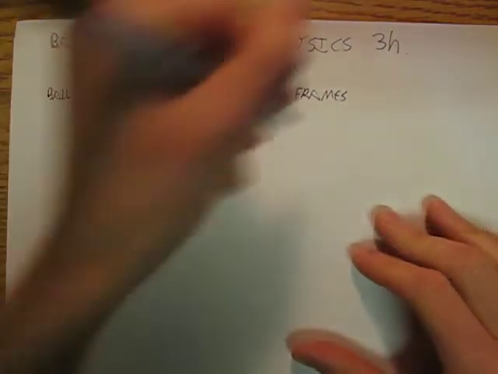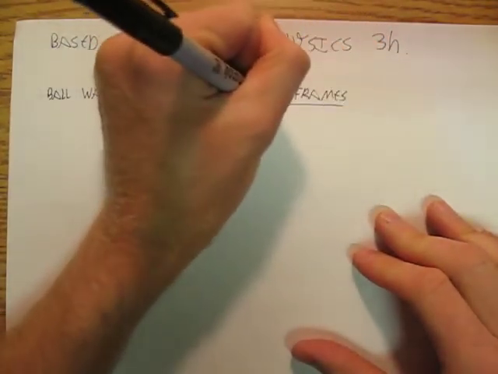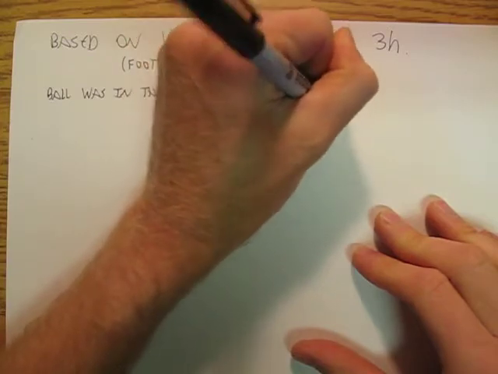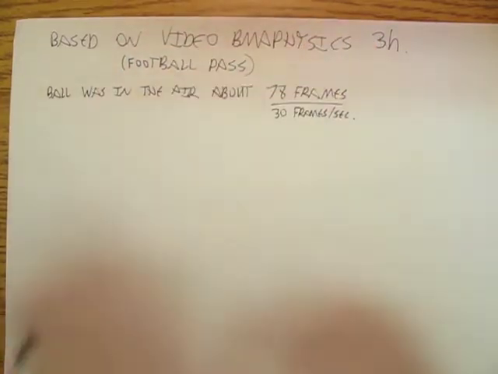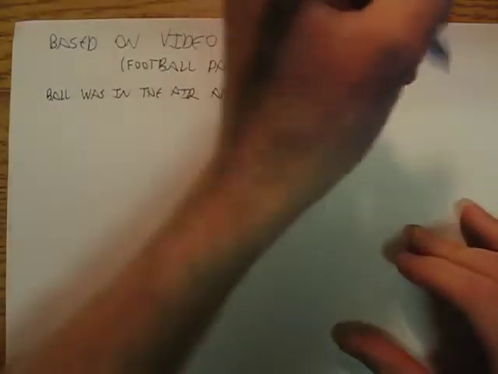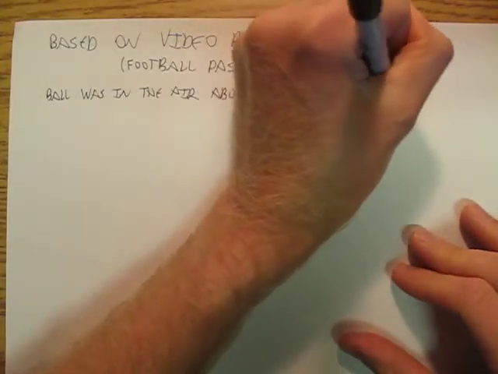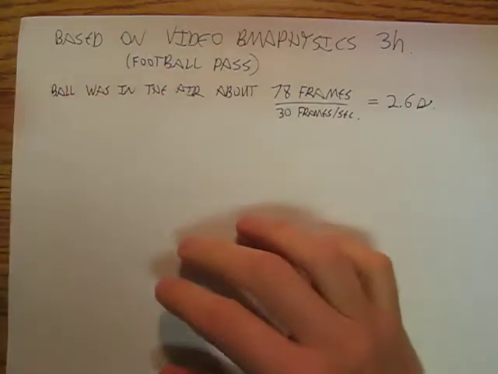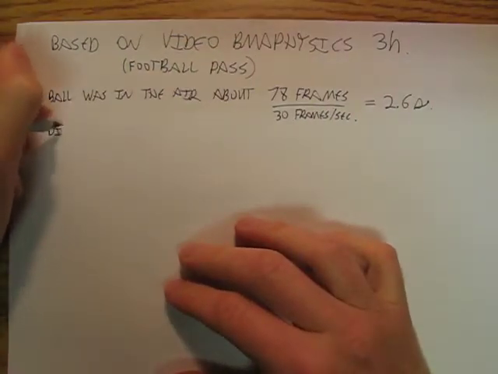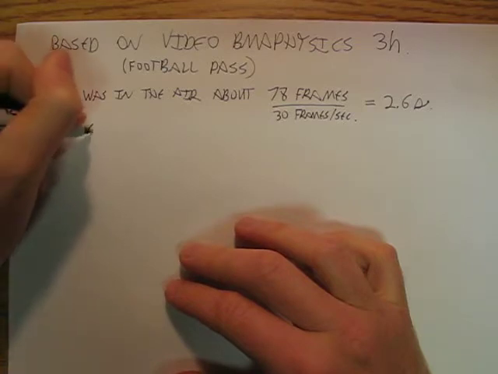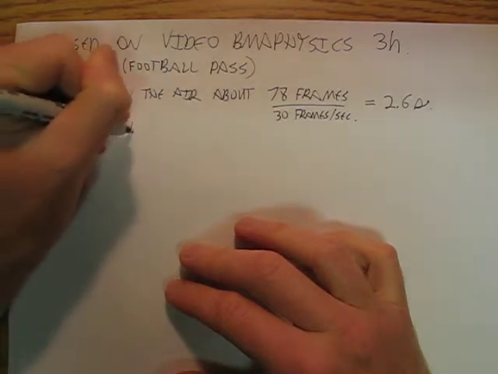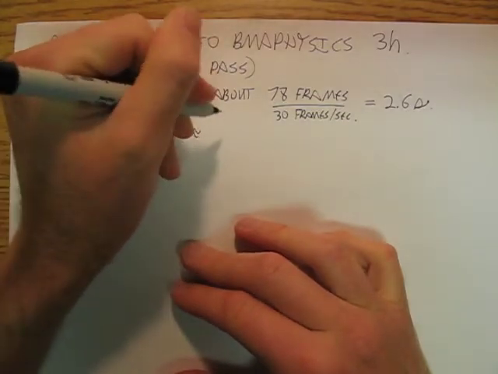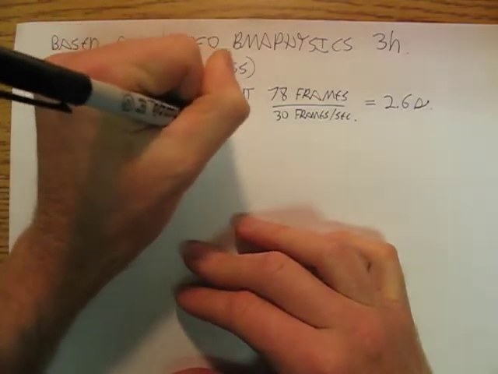And so if I divide that by 30 frames per second, I am going to end up with 2.6 seconds. And distance downfield I'm going to call it approximately 26 meters.